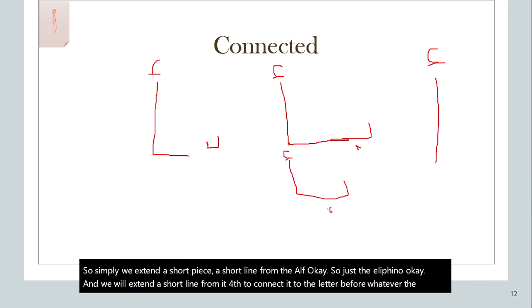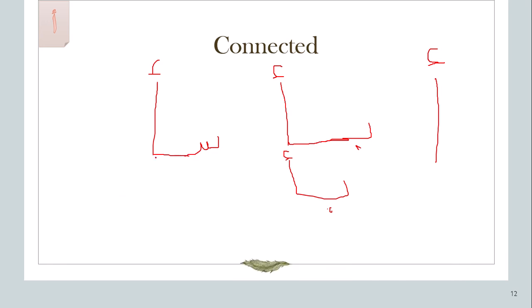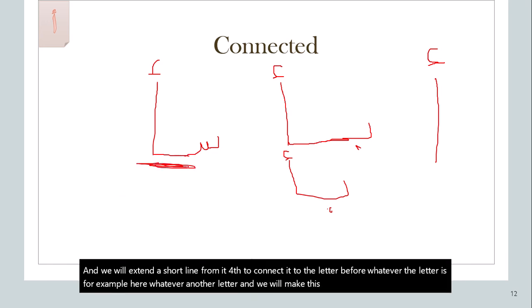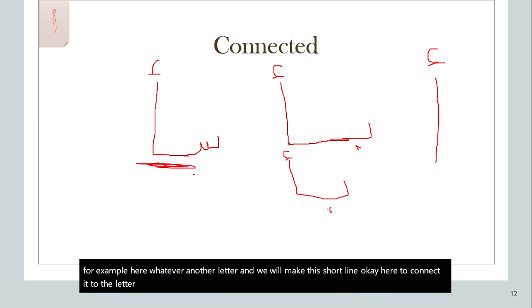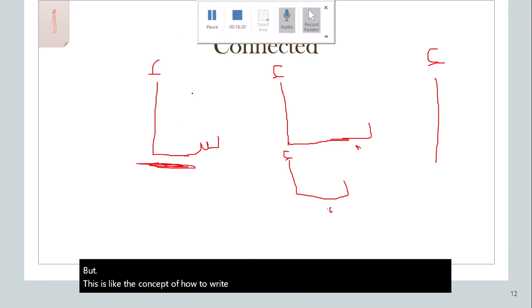So this is how we would write it. Of course, writing on a computer isn't really easy, so it may be messy, but this is the concept of how to write it.